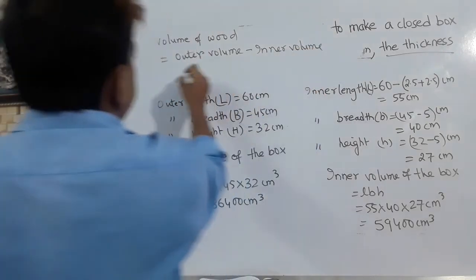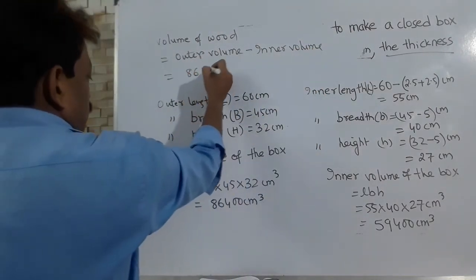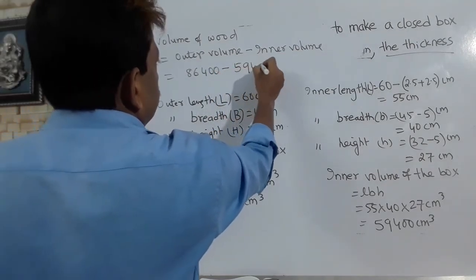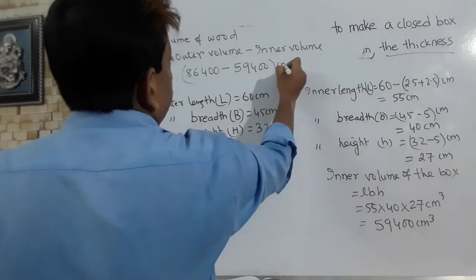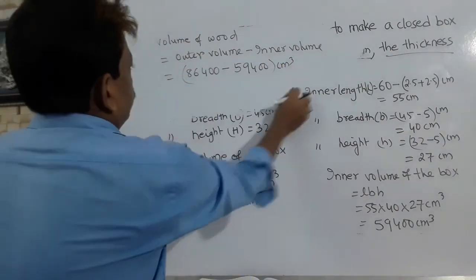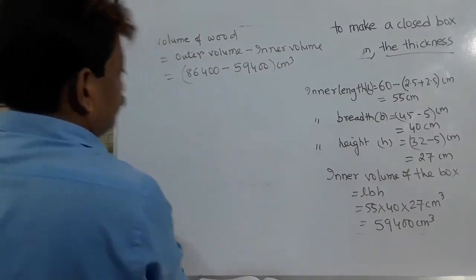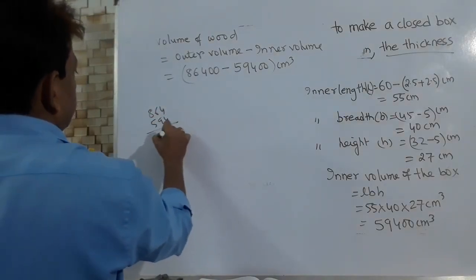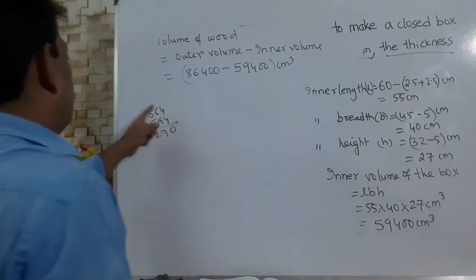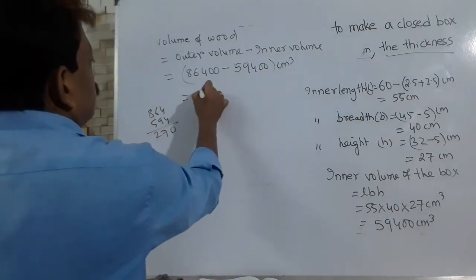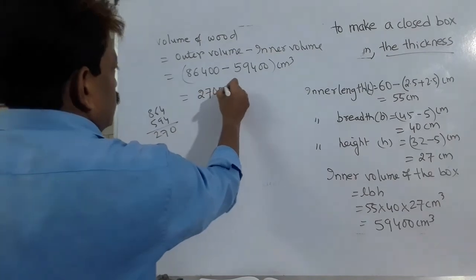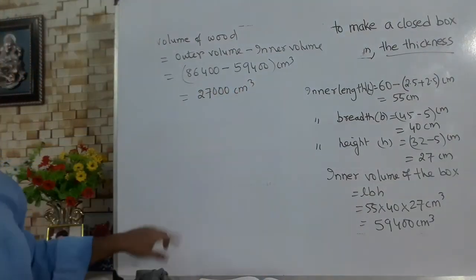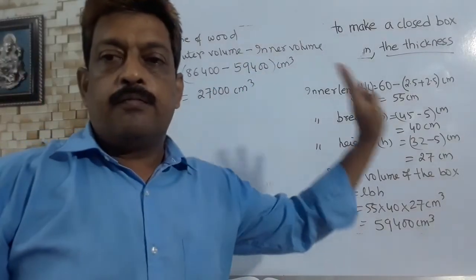So outer volume is 86400 and inner volume is 59400 centimeter cube. So by subtraction, 864 minus 594, so 270. Yes, it is 27000 centimeter cube. This is the volume of wood which is used to make the given box.